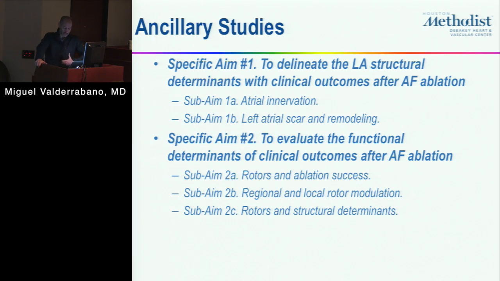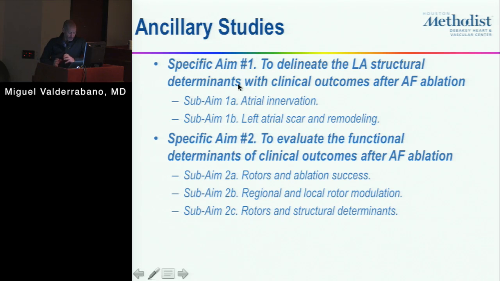I don't kid myself thinking that Vein of Marshall alcohol is going to revolutionize the treatment of persistent AFib. If anything, we may get some marginally better results, perhaps for patients that have perimitral flutter. But this is not so much a trial that will change the management of AFib, but it's a very good opportunity to learn about AFib management.